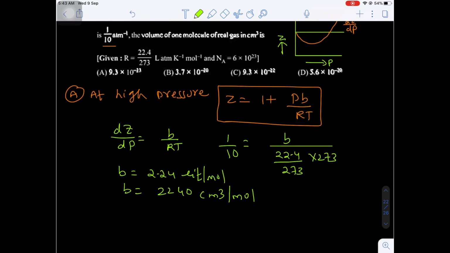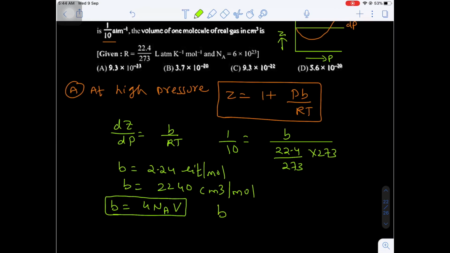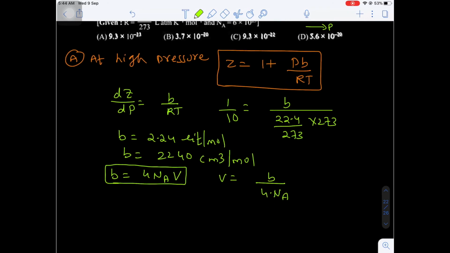From B, we can find the absolute volume of one molecule. We know the volume excluded by the gas molecule will be equal to 4 times the actual volume of the gas molecule. This is called effective excluded volume or co-volume. From here, what is the V value? That is equal to B by 4 into Avogadro constant.